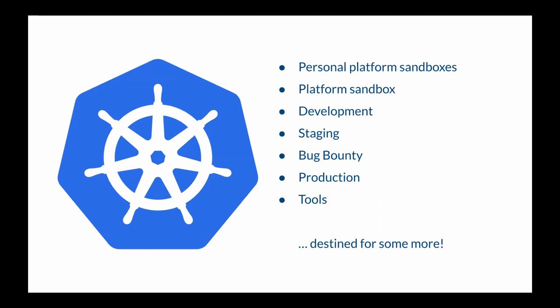That's where we can test out new tooling, put things in place, make sure that they are hardened, and learn some lessons before we roll them out to the development environments. Then we have development and staging. We have a bug bounty program so people can hack us and tell us if we've done anything insecure. Then we have a production environment. And finally, we have a tools environment, where the developers run things like Concourse for their CI.